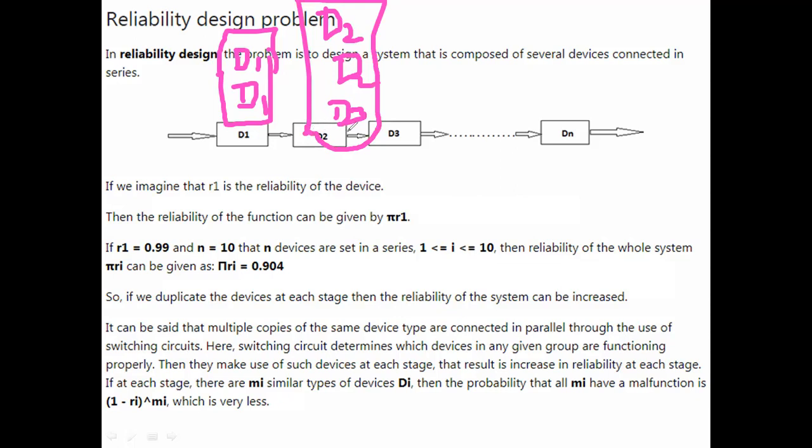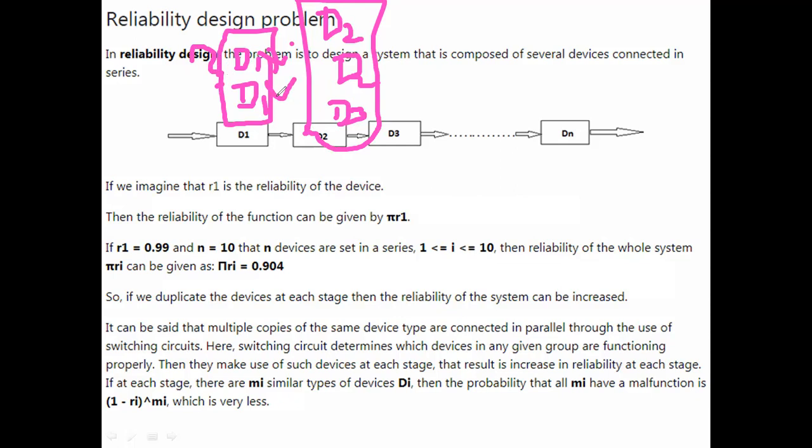Here the switching circuit determines which devices in any given group are functioning properly, whether D1 or D2, and how many copies we have to create in each stage. Such devices at each stage will increase the reliability.